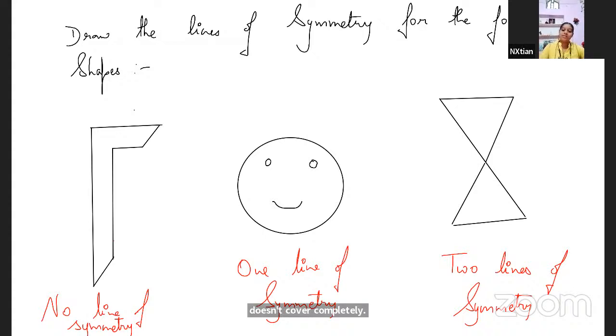Yes, that is right, Simeon. We cannot fold this one along the diagonals. It will only have two lines of symmetry. First one, no line. Second one, the line will pass like this from the center.